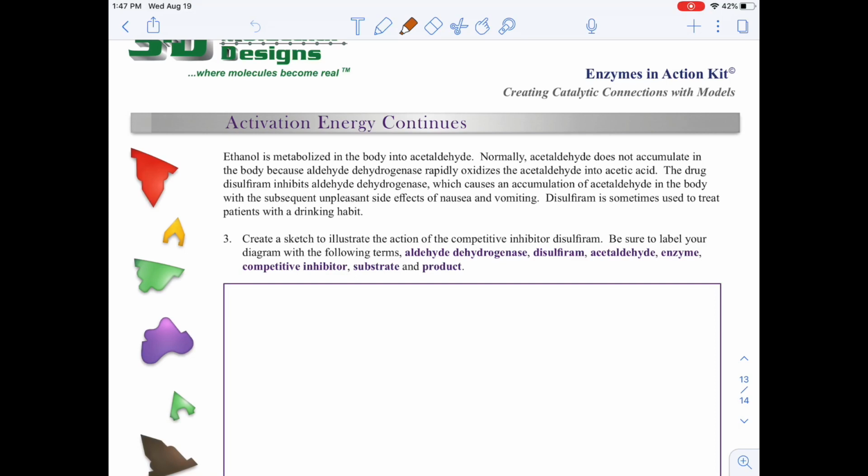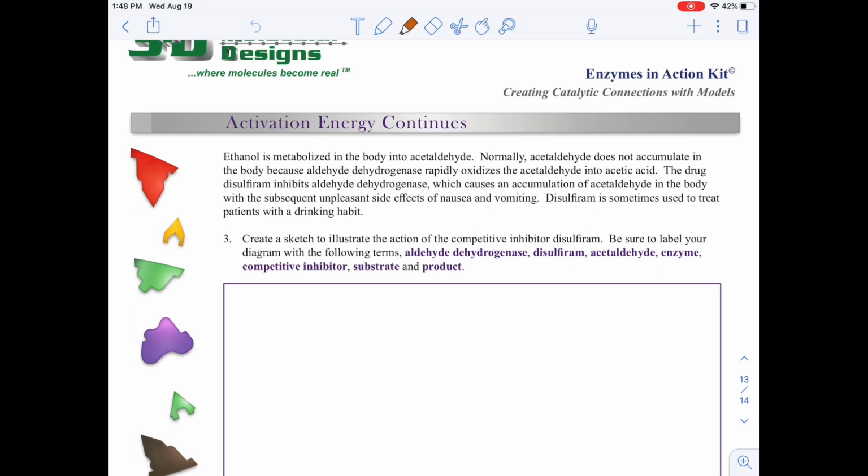Okay, so if you were lost, you have acetaldehyde. That is your substrate. Okay, aldehyde dehydrogenase. Remember, ACE, that's an enzyme. So that's your enzyme. And that aldehyde dehydrogenase takes that substrate and breaks it down into products, which are your acetic acid.